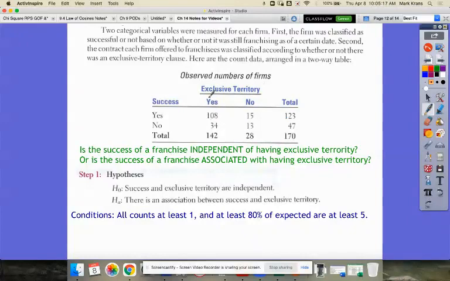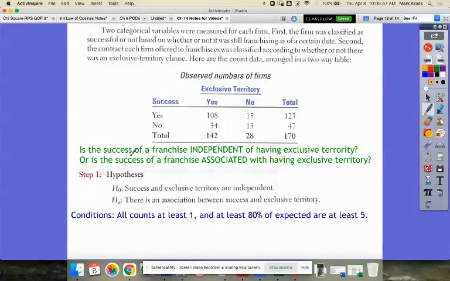But is there an association between being in the yes category and success? I would imagine that if I have a clause that says you can't have another McDonald's near me, there's less competition, anyone who wants McDonald's is going to come to my McDonald's, and I'm more likely to survive. Whereas if there's no clause, I'm more likely to have competition, and to not survive and have to go out of business.